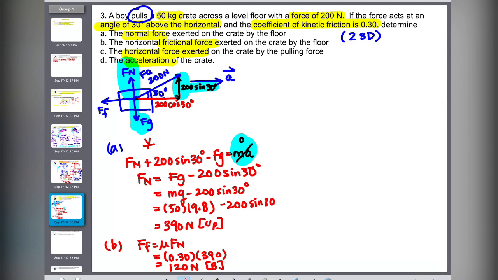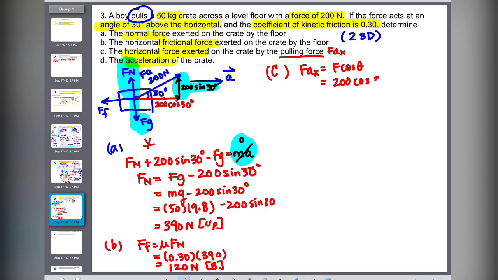Part C, what is the horizontal force exerted on the crate by pulling the force? So I actually calculated it already. They want you to know basically what is the x component of Fa, the horizontal force exerted by the pulling force. I already wrote it out. So part C, Fa along x is F cos theta.